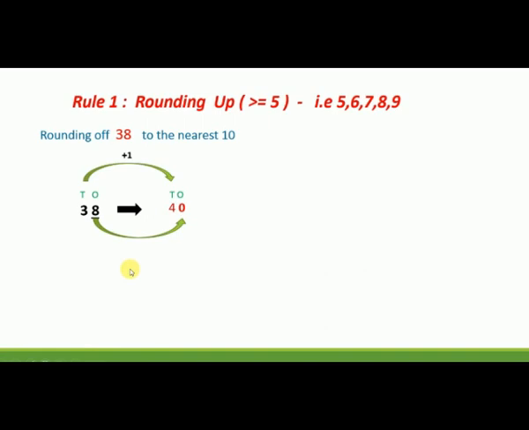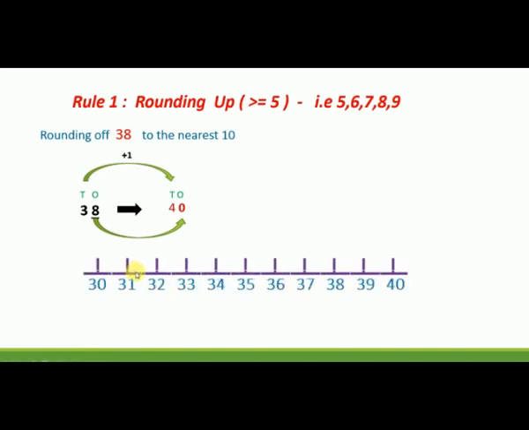Let us check this answer using the number line. Can you see the number line given over here? Yes. The number 38 lies between two tens, that is between 30 and 40. Can you look at the number 38 in the given number line? Yes, it is there.